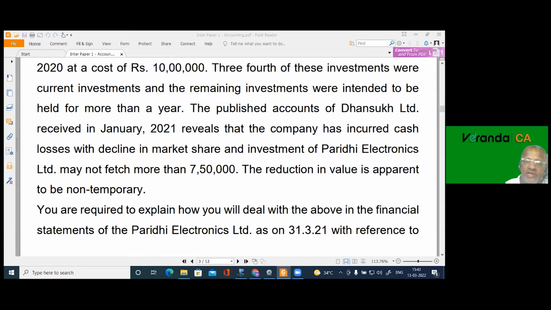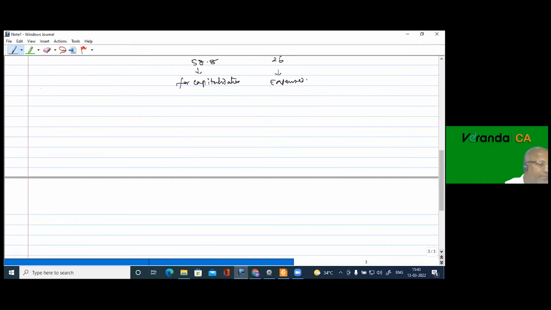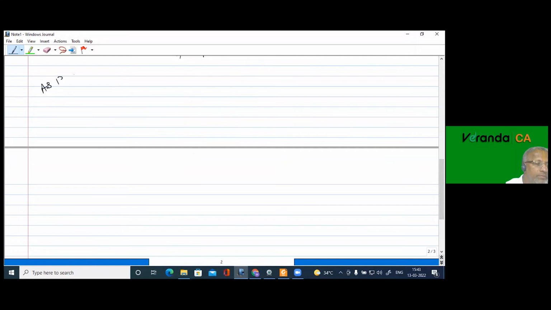So now let us just take up the case under AS 13. Investments are classified into two: current investments and non-current investments.